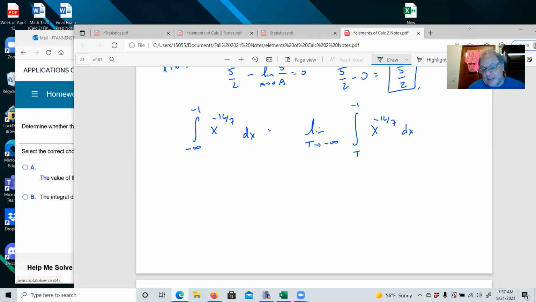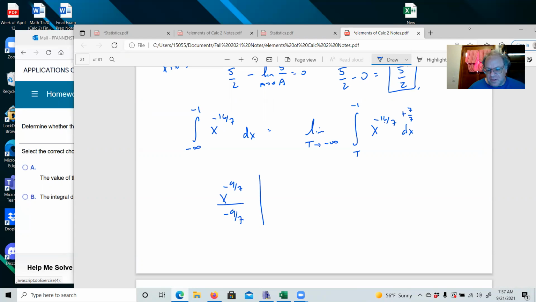So it's a little bit tricky because we have to add 1. So -16 plus 7, where's that going to give us? It's going to give us -9. So we're going to have x to the -9/7 over -9/7.